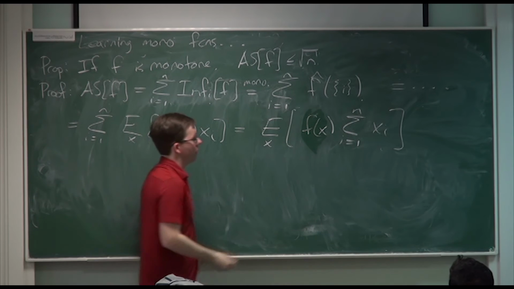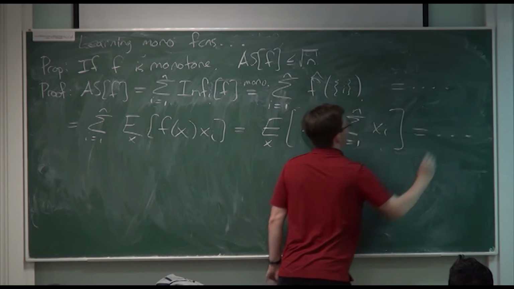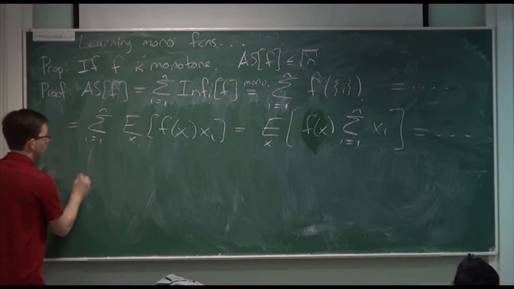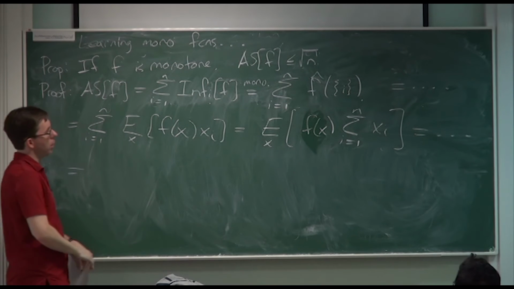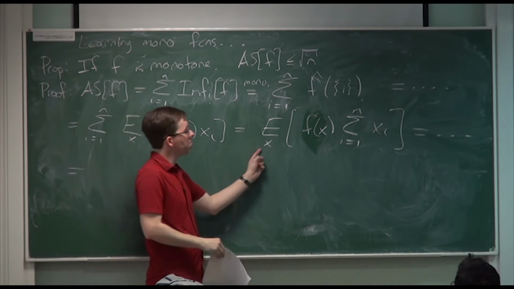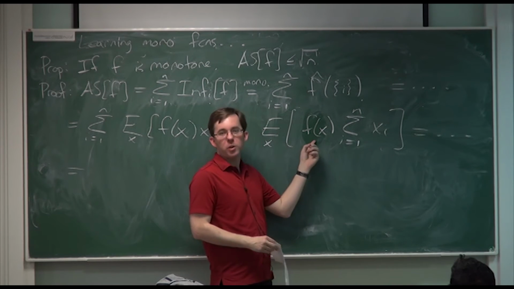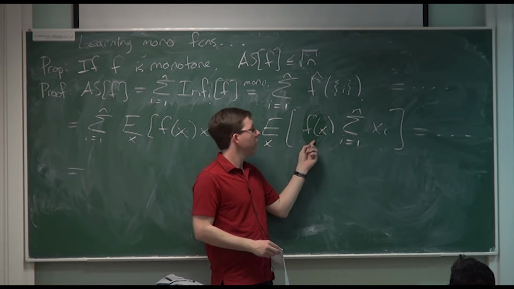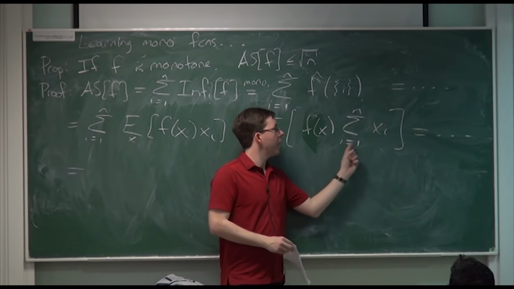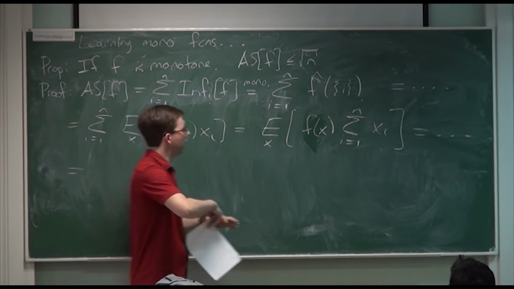And now I'm getting to be sort of home free here. You pick x at random. This sum is some number between minus n and n. This number f of x is either plus or minus 1. So I can just upper bound this whole thing by the absolute value of this part.